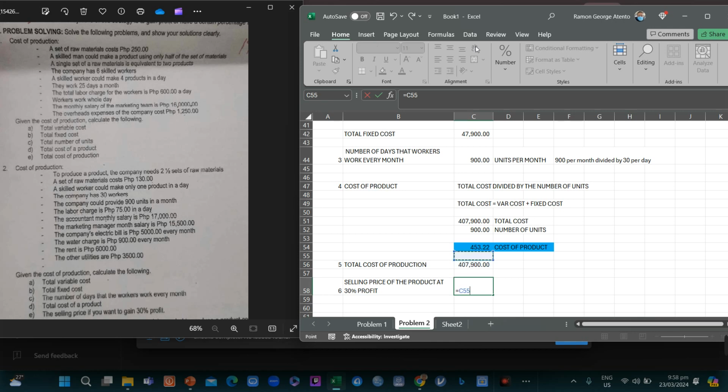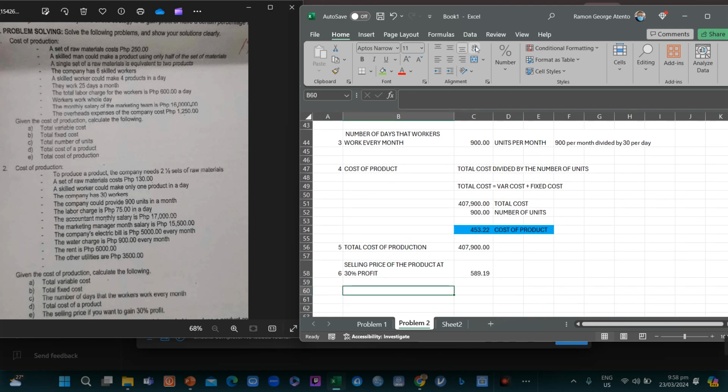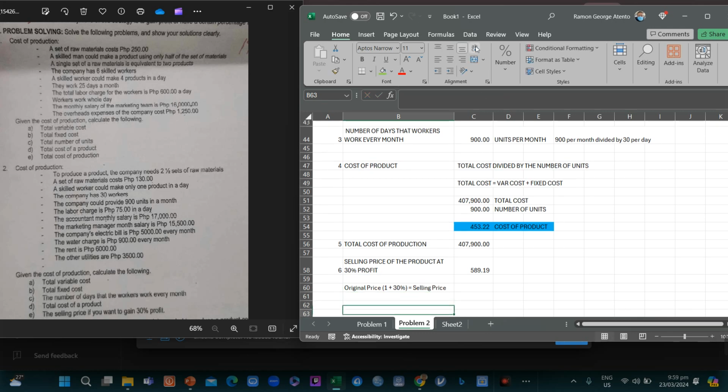We have 453.22 multiplied by 1.3. Why 1.3? Because if you must put a profit, remember, this is the original price. Original price multiplied by 1 plus 30% equals the selling price. That is the idea.